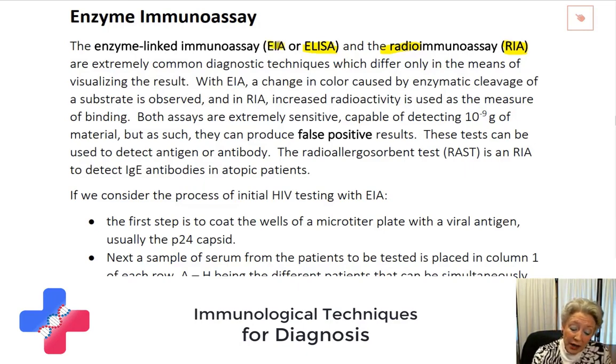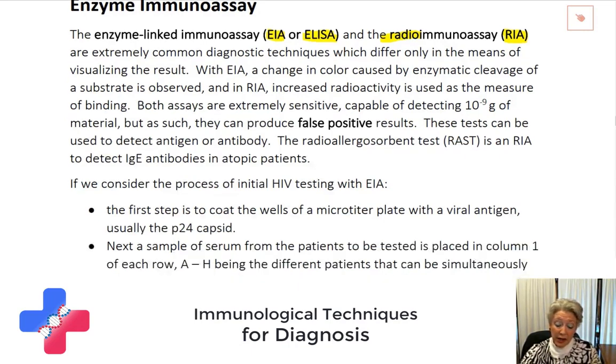And the EIA, the E stands for enzyme. So what I'm going to do is detect a color change that is caused by the enzyme acting on the substrate that you provide for it. Now, both of these tests, the RIA and the EIA, are extremely sensitive.